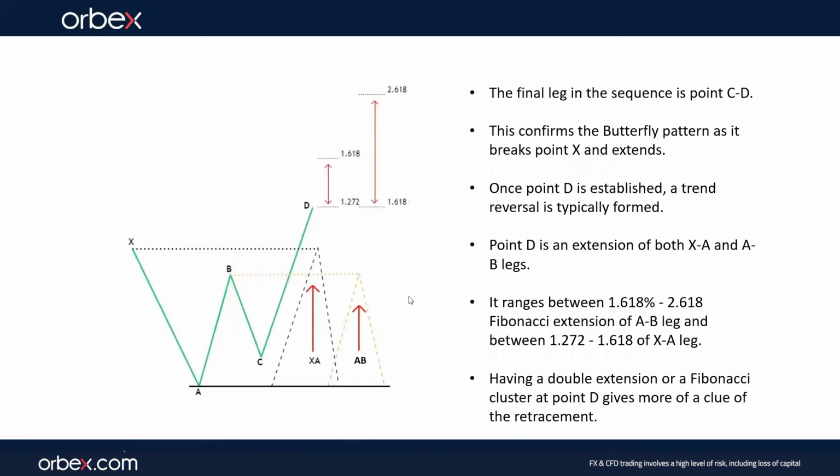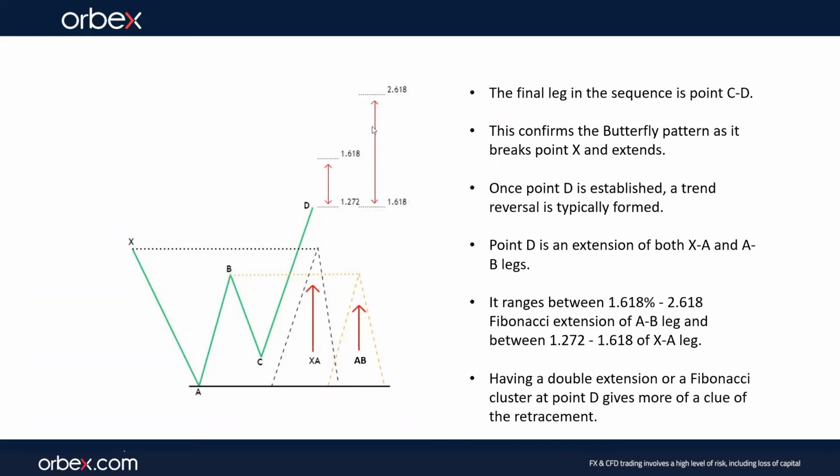And now the good thing about the butterfly is it can be more confirmed, because we're going to have two Fibonacci expansions here. So we're going to have from A to X back down to A, and then A to B to A as well. So basically point D is an extension of both X to A and A to B legs. It ranges between the 1.618 to 2.618 Fibonacci extension, and also from this as well.